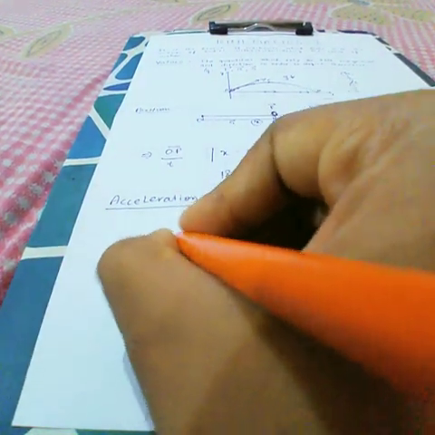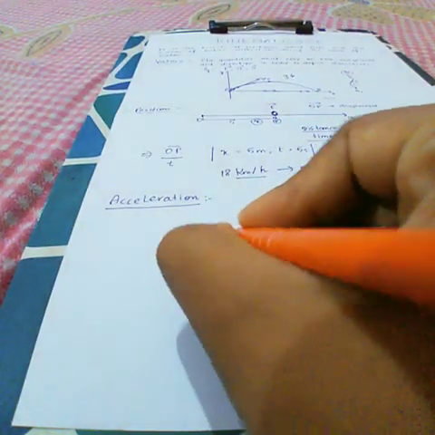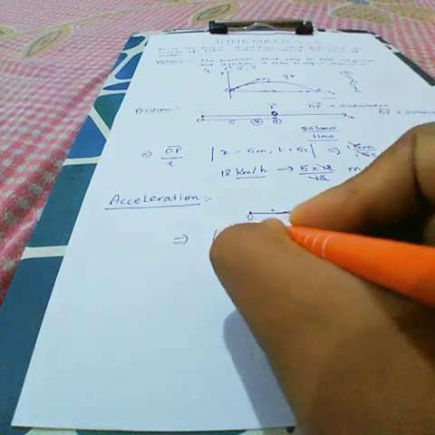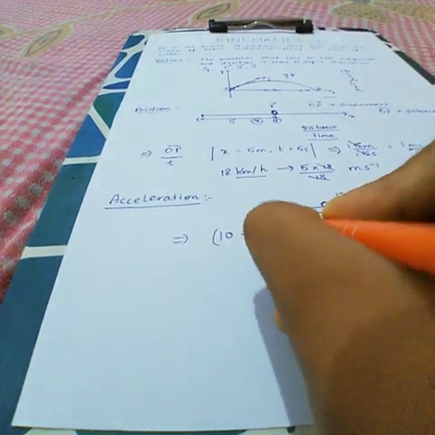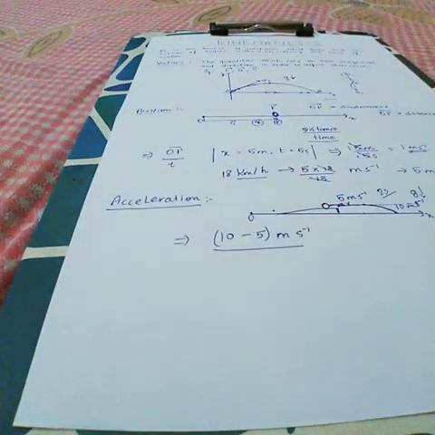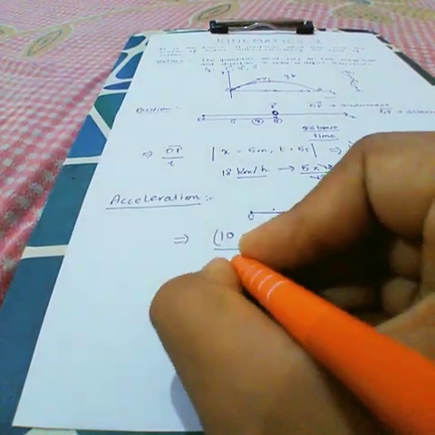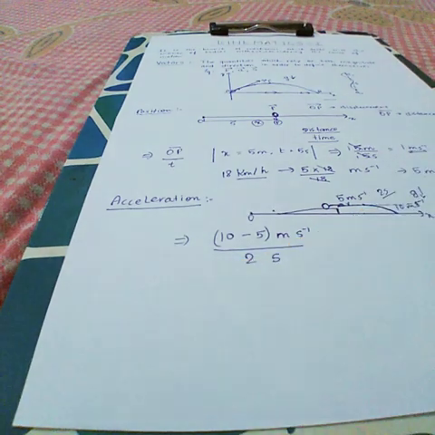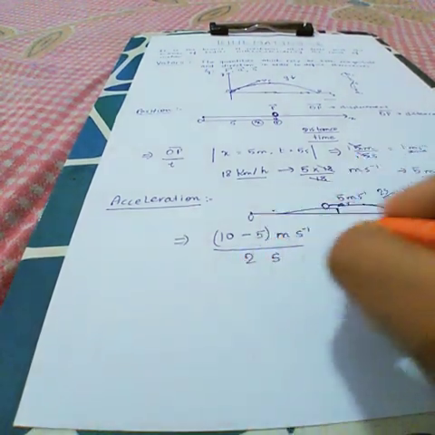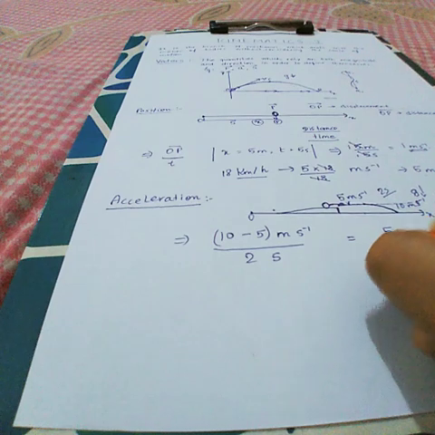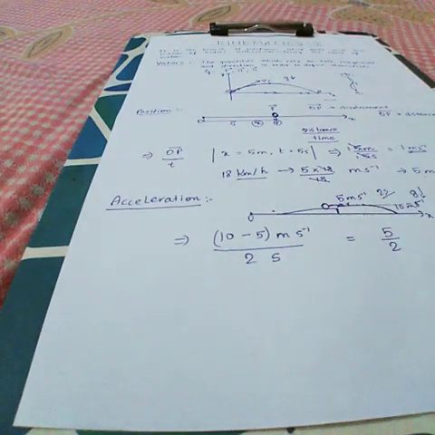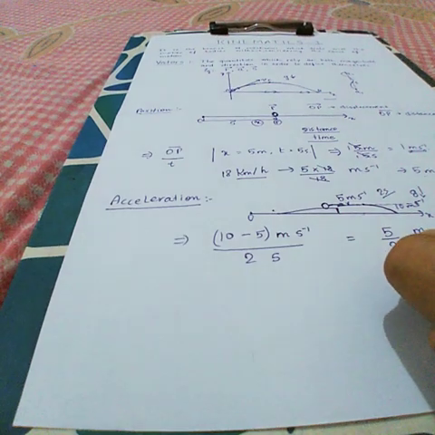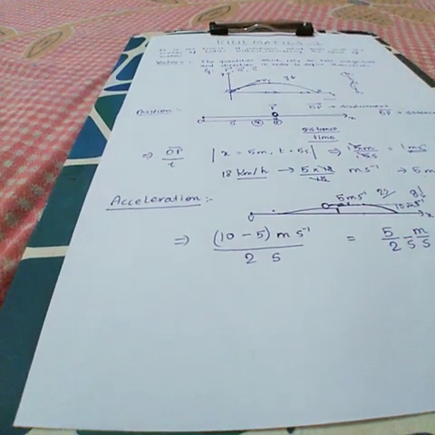So we can say that the acceleration will be final velocity minus initial velocity by time taken. So what is the time taken to change it? 2 seconds. So it becomes 10 minus 5 by 2, and meters per second. It means that meter by second, and this second will remain here only.